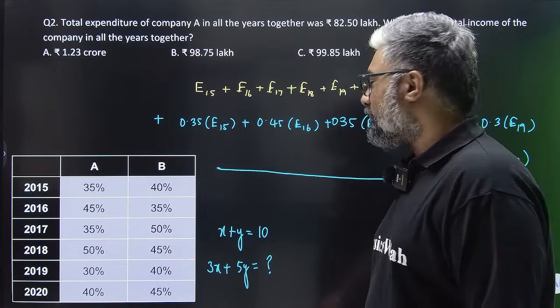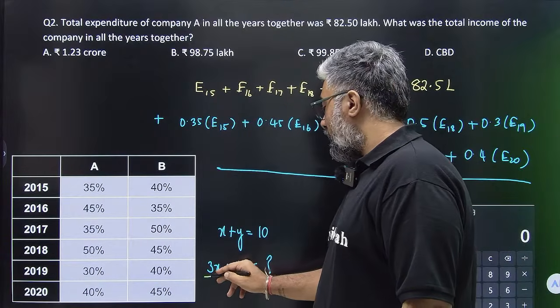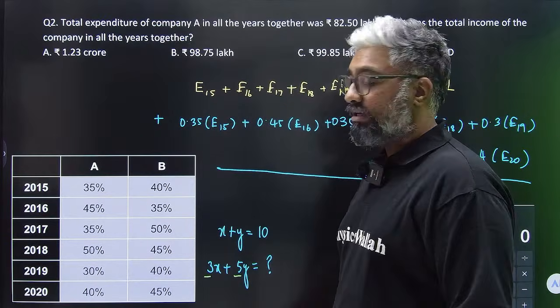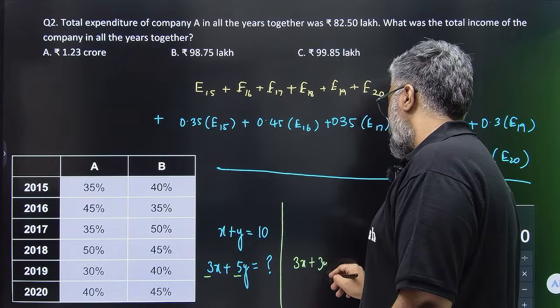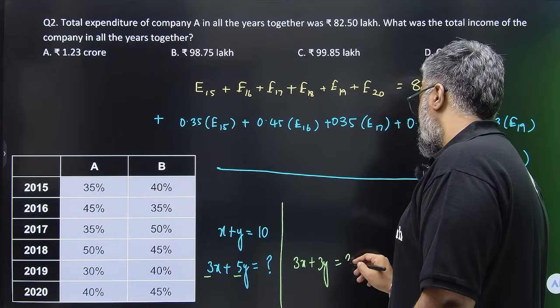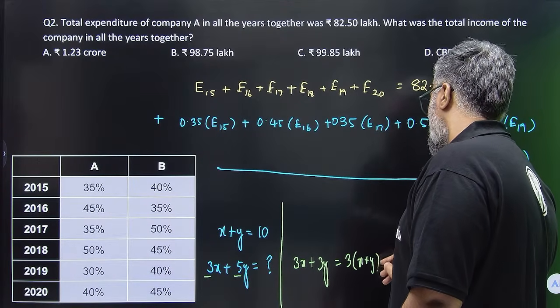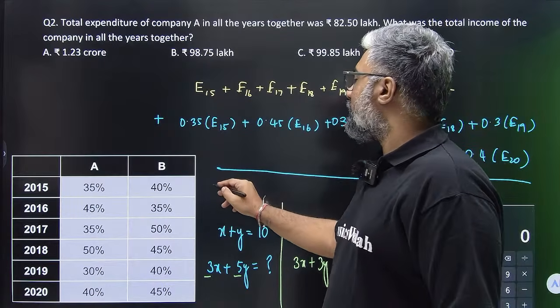No, not possible at all. When they're asking you an equation based question, but then they're trying to bring in different kinds of coefficients, you can't. However, had they asked what is the value of 3x plus 3y, we could have found it out. How? 3x plus 3y would have been 3 into x plus y, which is nothing but 3 into 10, that's 30, correct? This is just an example I'm trying to give you.